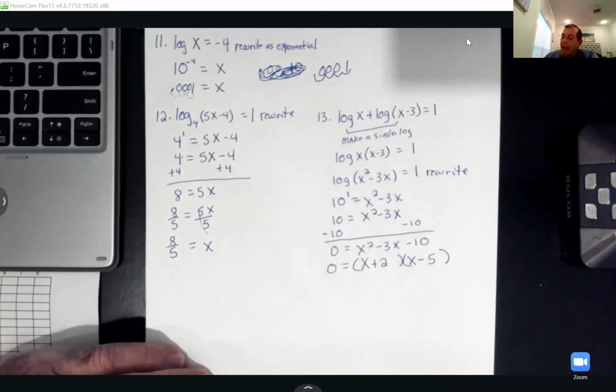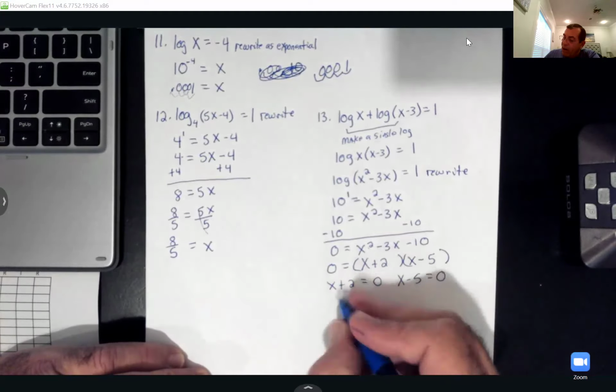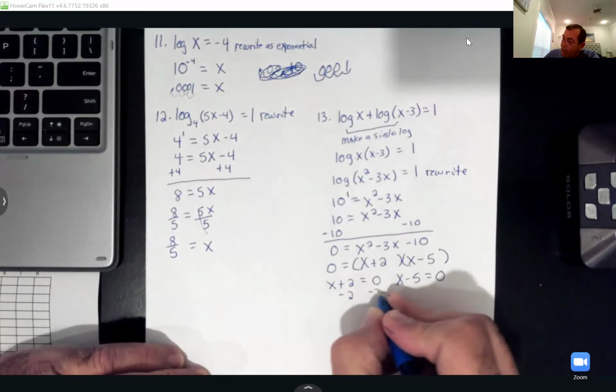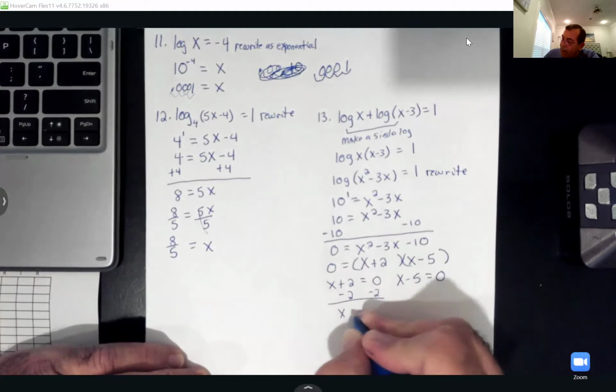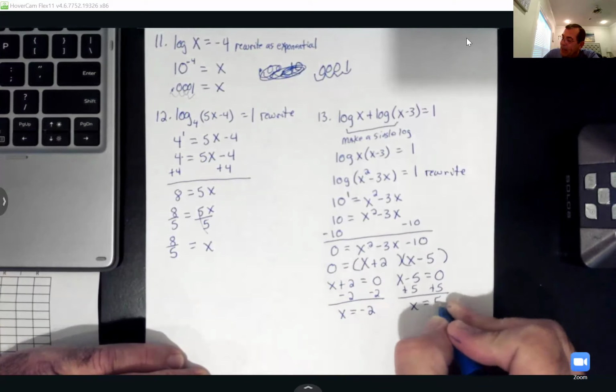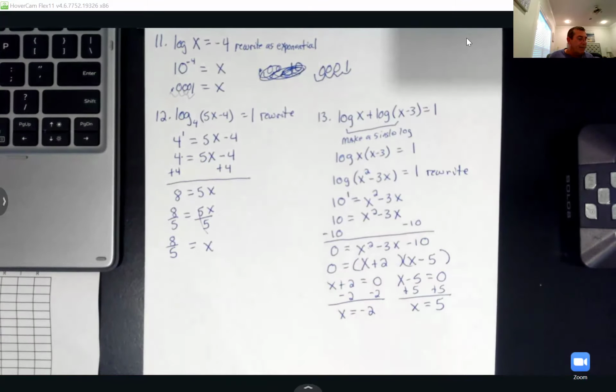Now that it's factored, we got to set each of these factors equal to 0 to get our two answers. So y'all, let's see. On this one, I'm going to subtract 2. X equals negative 2. We'll add 5 on the second one and get x equals a positive 5.